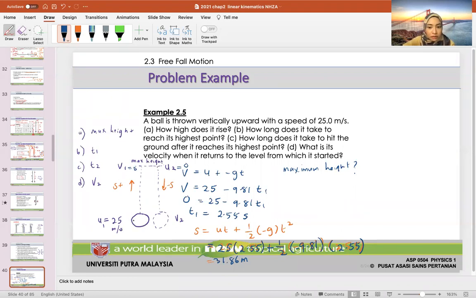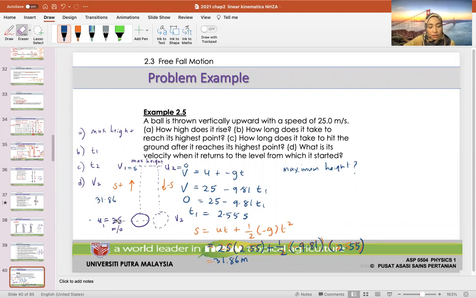If we did not start from 0, then your maximum height, kalau tanya pasal displacement terus tanya maximum height lah kan. But let's say you are on top of a building that is 10 meters in height and you have a displacement of 31.86. So you can say that the maximum height is 10 plus 31.86. Okay, but that's another story lah.